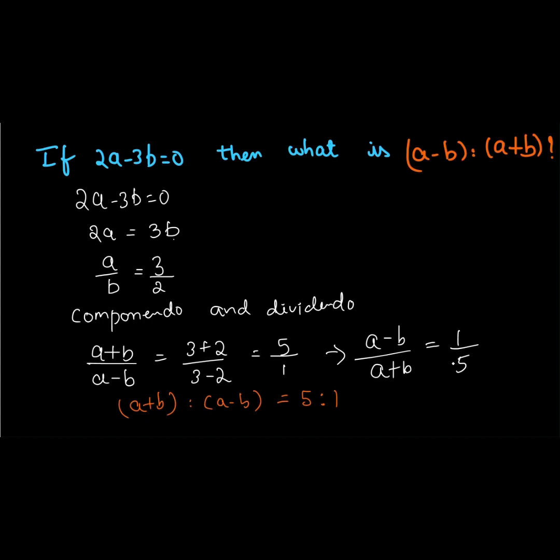This is called invertendo. So we can say that a minus b is to a plus b equals 1 is to 5. And this is how we find the answer easily using the componendo and dividendo rule.